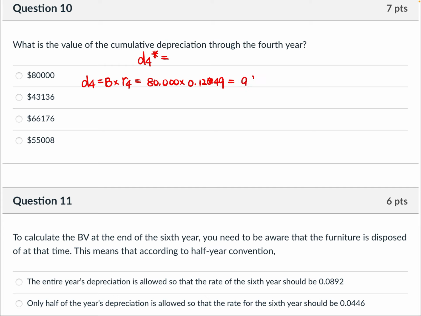That is 9992. So D4 star is D1 plus D2 plus D3 plus D4, and the answer is 55008.